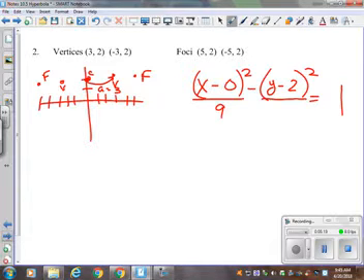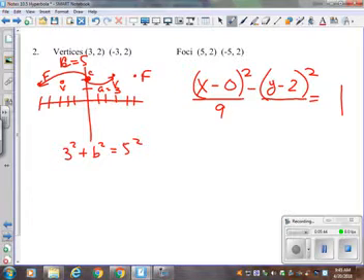So now let's figure out how far it is from the center to the foci, which is 5. That's not b. That's c. So we've got to do 3 squared plus b squared equals 5 squared and figure it out. I think we know that one. 4 squared, right? Because it's 3, 4, 5. 25 minus 9 is 16.